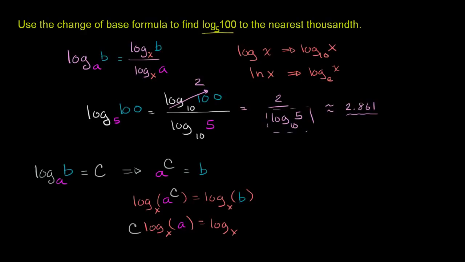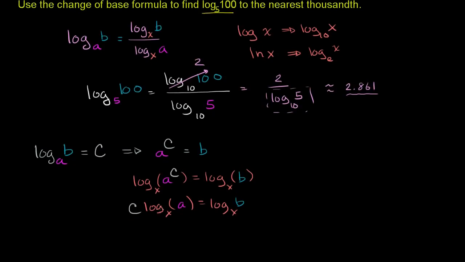And if we wanted to solve for c, you just divide both sides by log base x of a. So you get c is equal to log base x of b over log base x of a. And this is what c was. c was log base a of b.